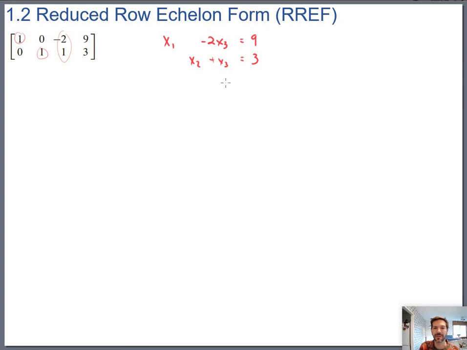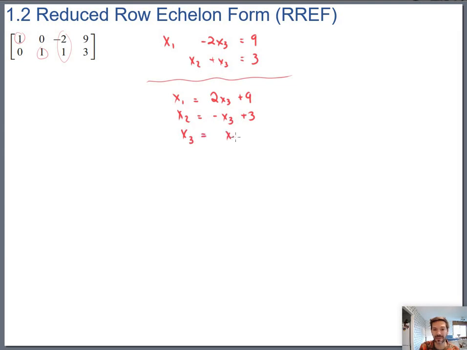And because we like to fully write down a solution, let's solve. So let's say x1 is going to be 2x3 plus 9. x2 will be negative x3 plus 3, and x3 is free.